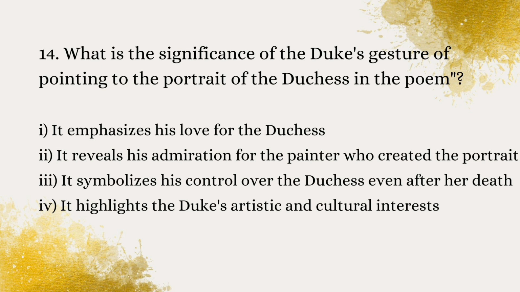And the last option, that it symbolizes the Duke's artistic and cultural interest, is not right, though the Duke mentions the name of the painter again and again, and towards the end of the poem we find that he names the man who cast that statue of Neptune taming a seahorse, Claus of Innsbruck, in order to impress the listener, to show that he is very artistic and has cultural interests.